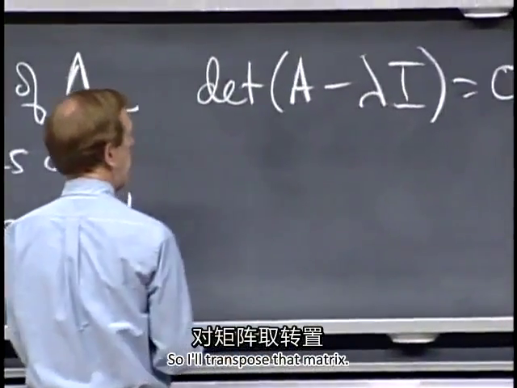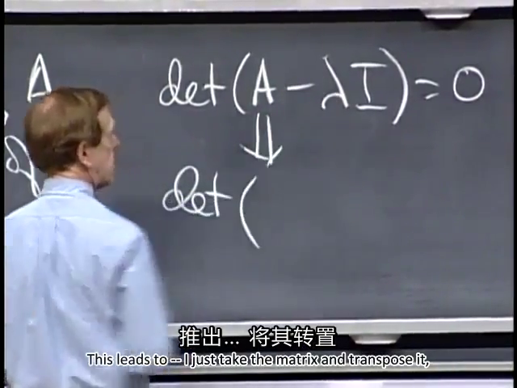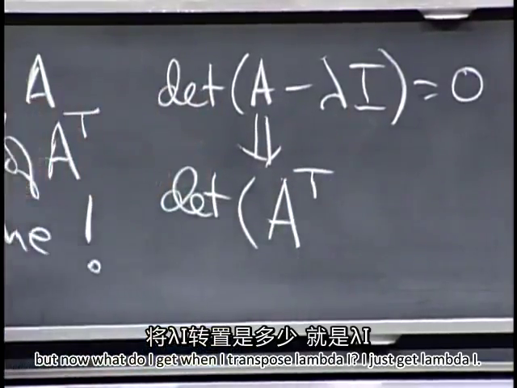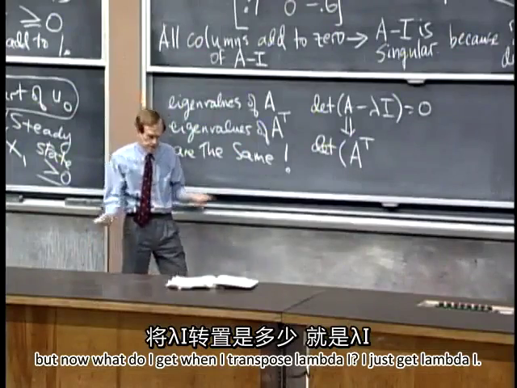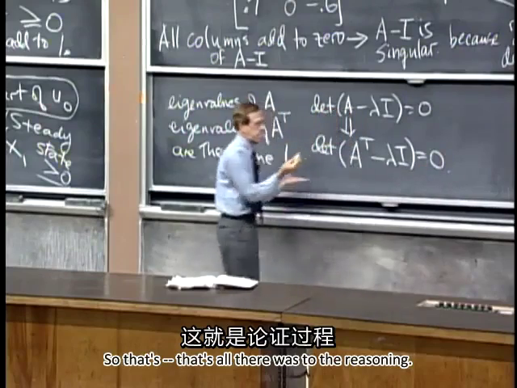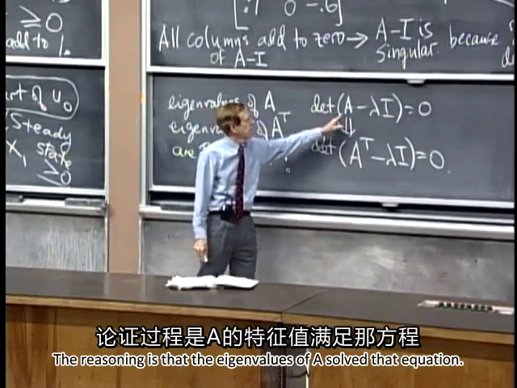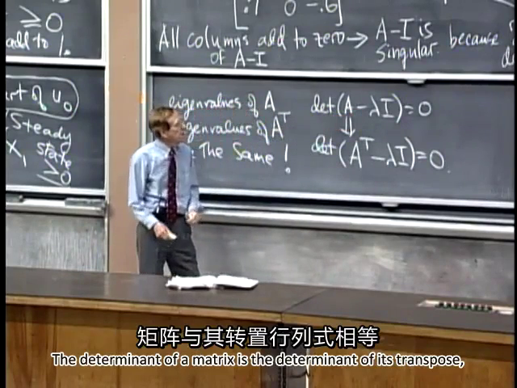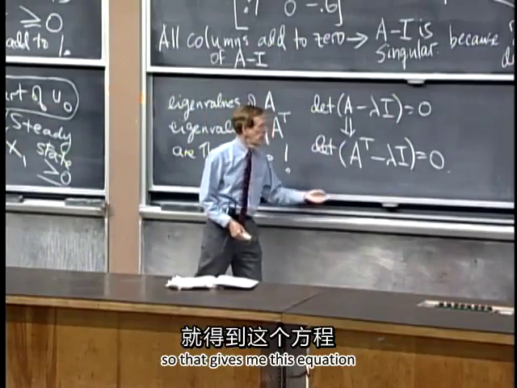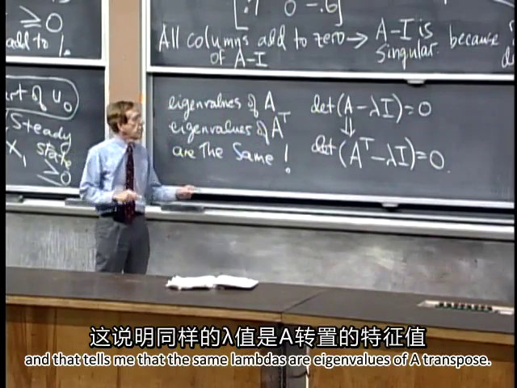So I'll transpose that matrix. This leads to this. I just take the matrix and transpose it. But now what do I get when I transpose lambda I? I just get lambda I. So that's all there was to the reasoning. The eigenvalues of A solve that equation. The determinant of a matrix is the determinant of its transpose. So that gives me this equation, and that tells me that the same lambdas are eigenvalues of A transpose.